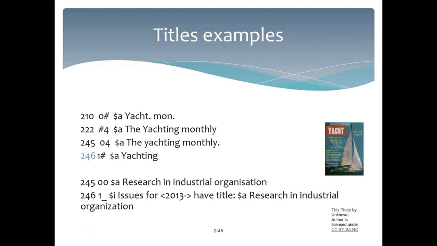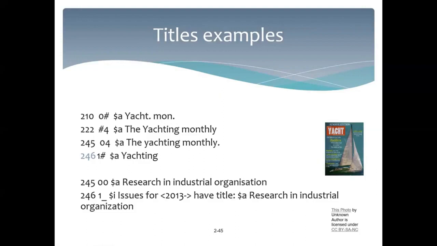Another example here, we have research and industrial organization. And then we have a note that we have issues that came after 2013, and they said research in industrial organization. So we have a little bit of verification in terms of what things say.